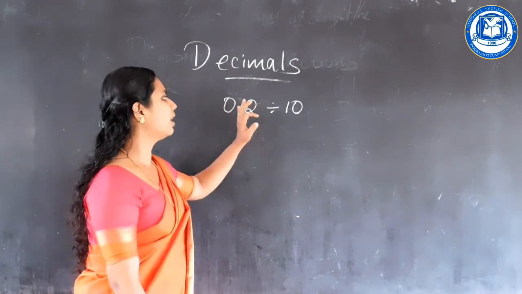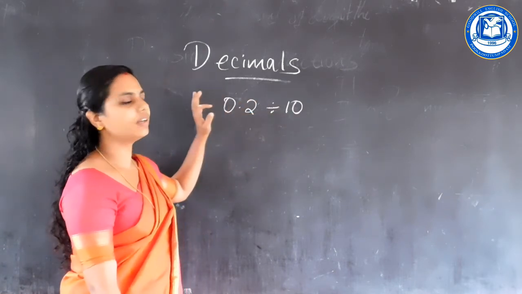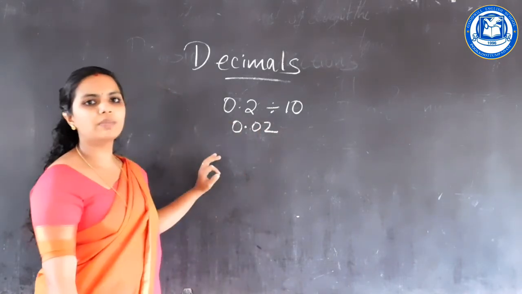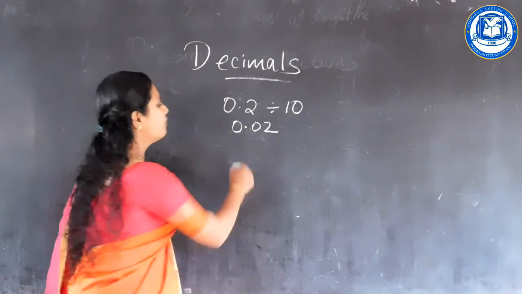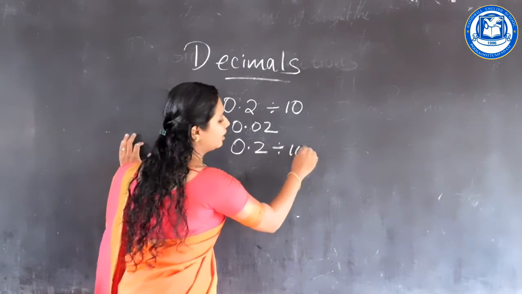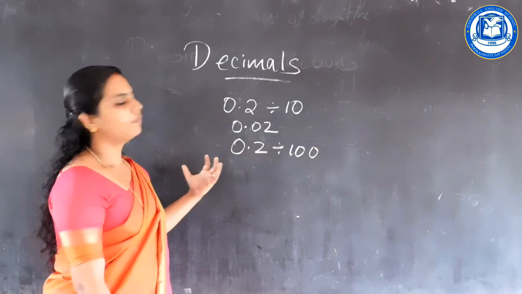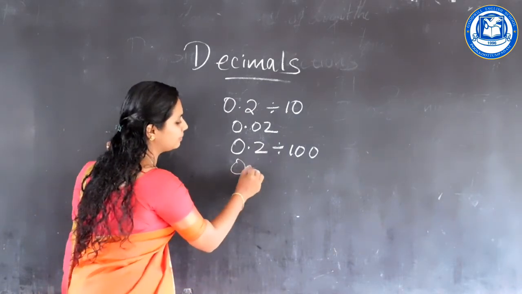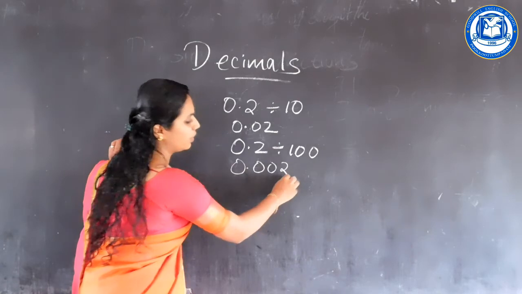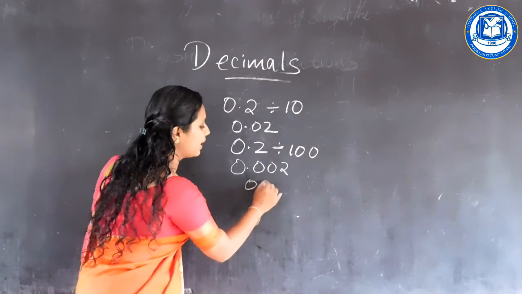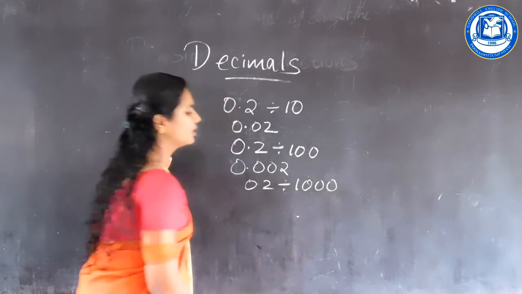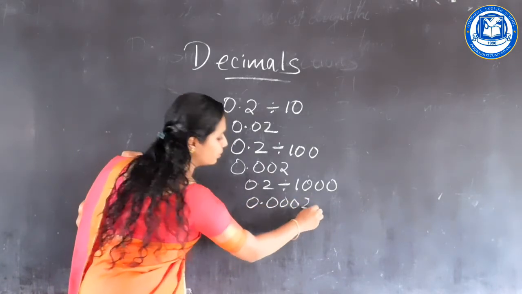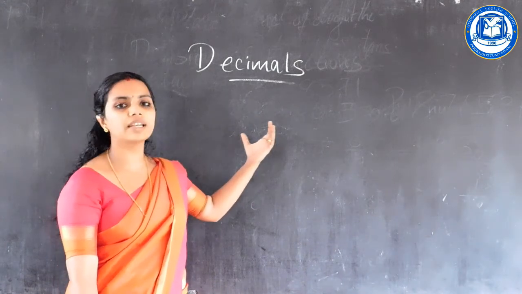When we are dividing with 10, we will change this point... 0.002.